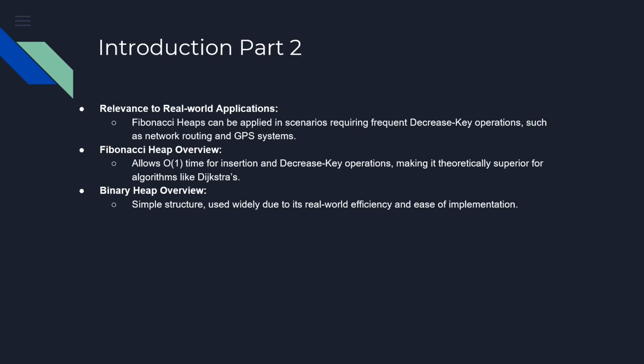On the other hand, binary heaps are simpler and more efficient for smaller data sets, making them popular for various implementations. So, understanding which heap to use can significantly impact performance depending on the problem at hand.